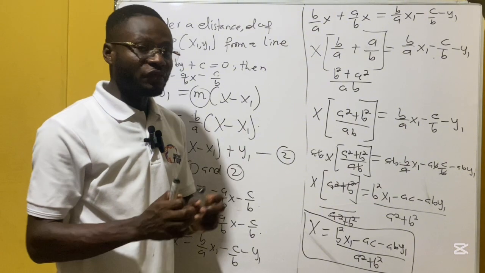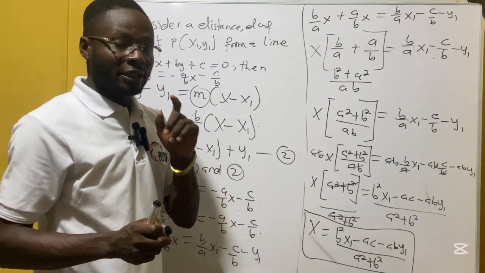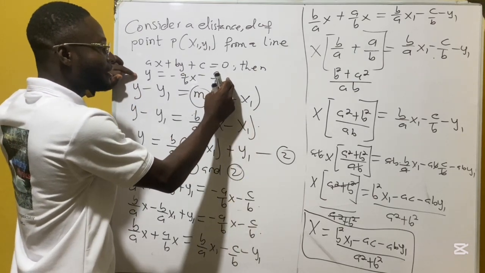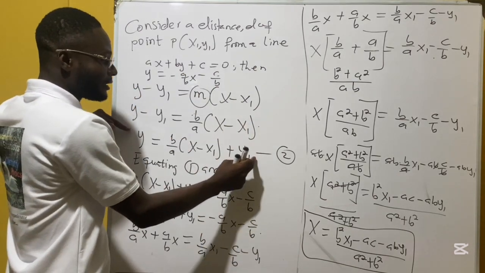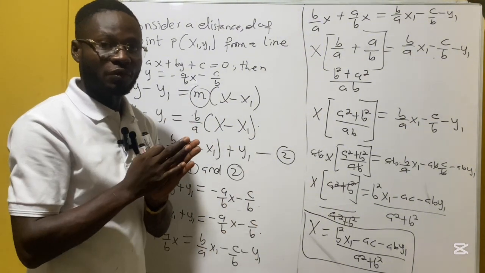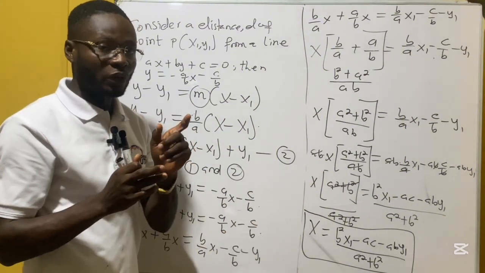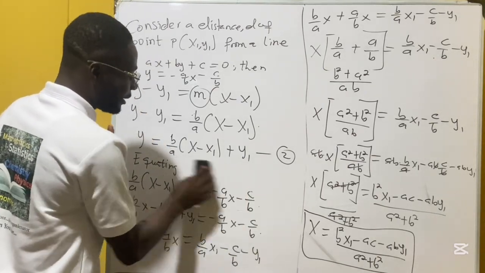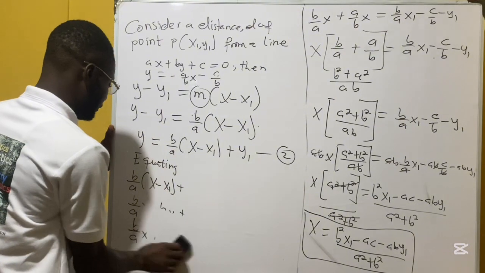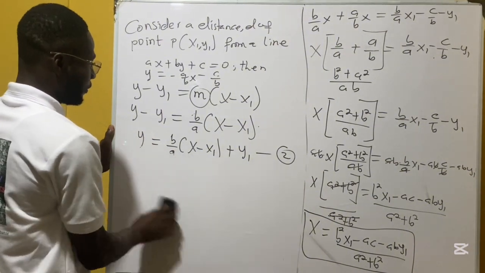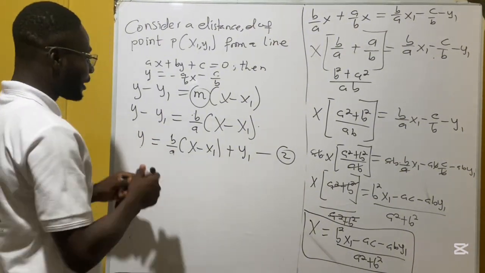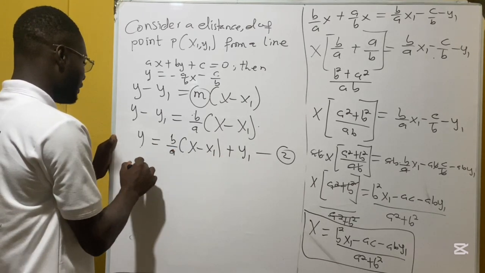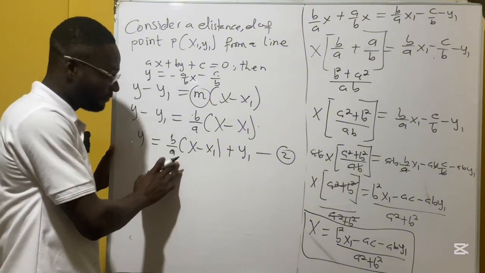So let's go ahead to find the second coordinate, which is the y coordinate. So we're going to make x the subject in this and make x the subject in this as well. Then we equate both, right, to find the coordinate of y. So let's try to do that here. So making x the subject from this equation, let's try to eliminate this fraction first, right?